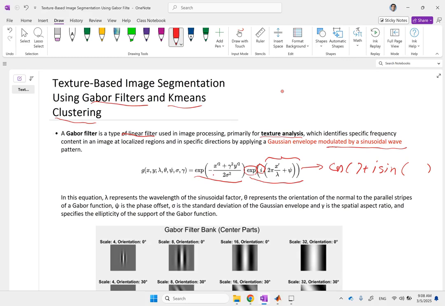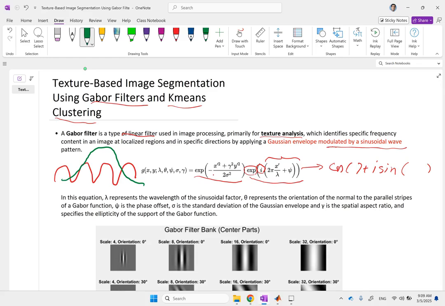So when you have this sine wave that is going back and forth, if you apply a Gaussian wave on top of that, then what you will have is that sine wave, but limited only to a special region. So let's say this is my Gaussian wave.